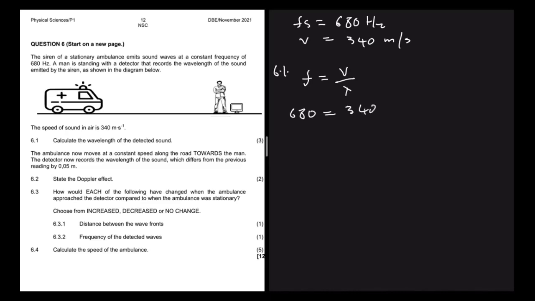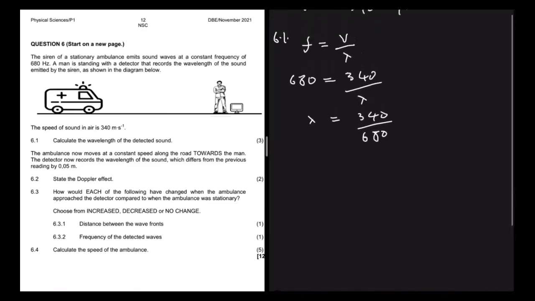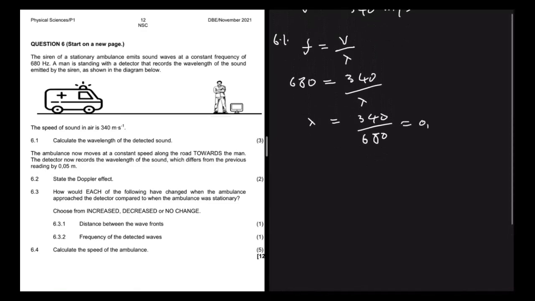So we have 340 divided by what we're interested in, the wavelength. From here, we just cross multiply, so the wavelength is equal to 340 divided by 680 hertz. And 340 divided by 680 is 0.5 meters. So the wavelength of our detected sound is 0.5 meters.